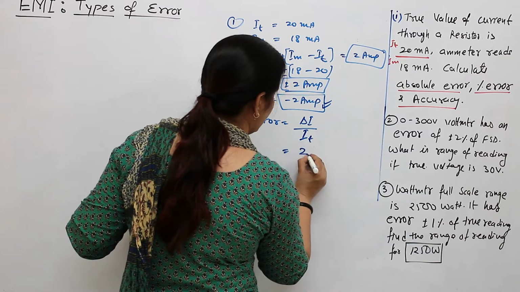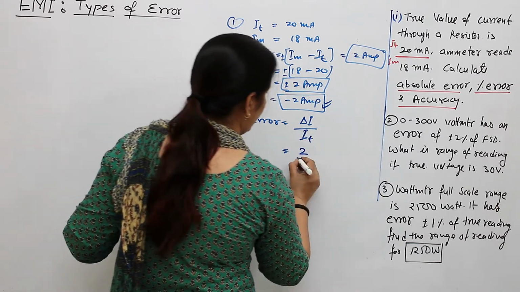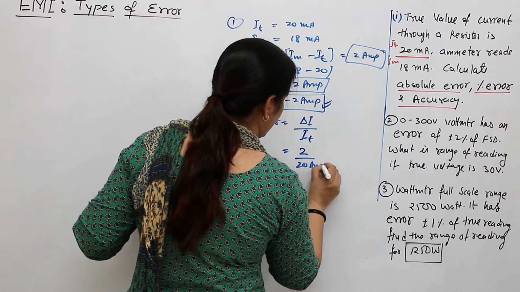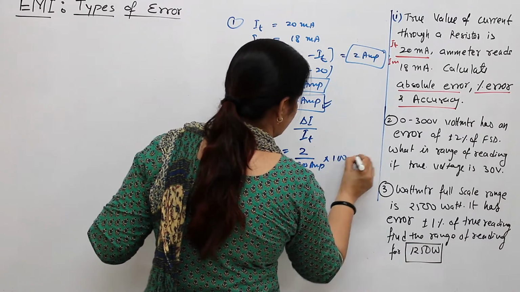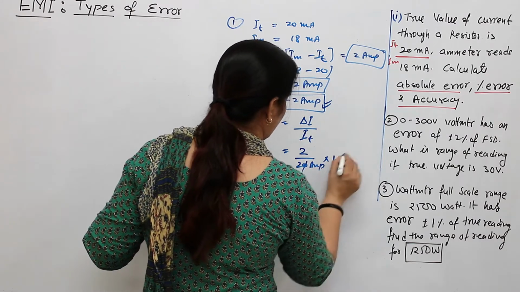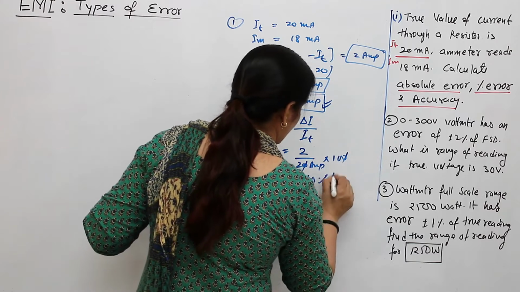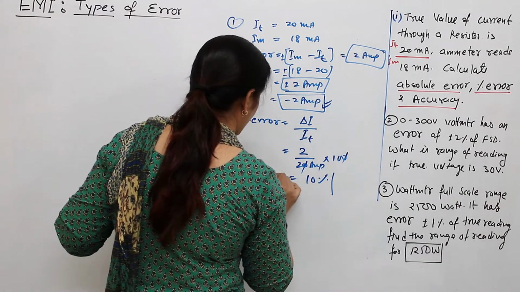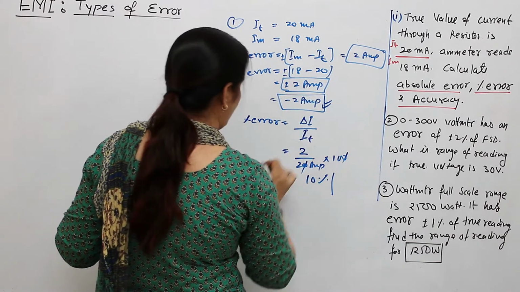Error is 2 ampere and true value is 20 ampere, and if you calculate it in percentage, it will be 10%.